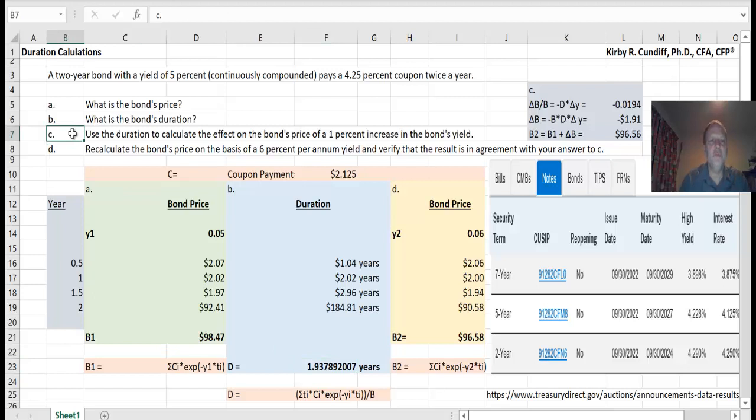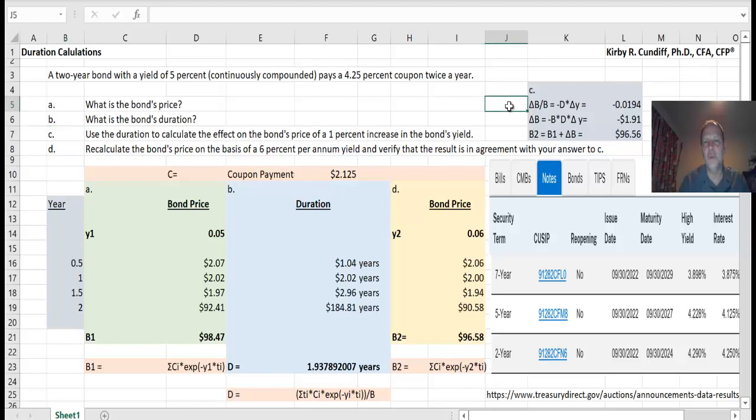Now C asks us, use the duration to calculate the effect on the bond's price of a 1% increase in the bond's yield. Well, if the yield goes from 5 up to 6, interest rates go up, bond prices go down, so the bond will have to drop in price somewhere below the 98.47.